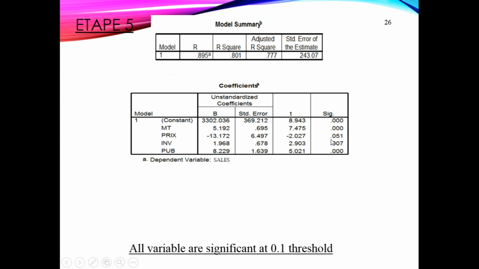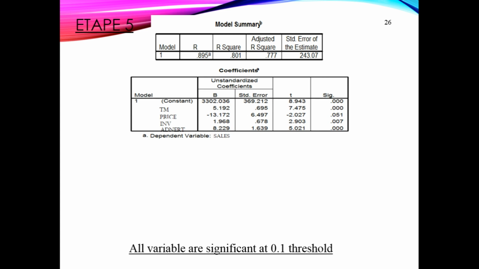So we can really interpret our coefficients in order to tell our managers what decision to take in order to improve sales. Let's move to the interpretation of our final model obtained by the step-by-step estimation.